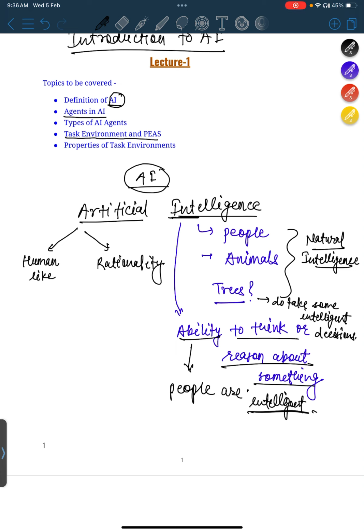True, that is true. But if you see, humans do take some dumb decisions. You might find various examples where humans take really, really dumb decisions. So we don't want our AI systems to do this. For example, one example of the dumb decisions that humans make is driving while being drunk.